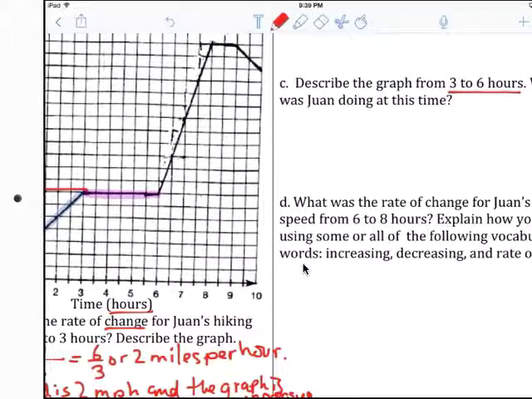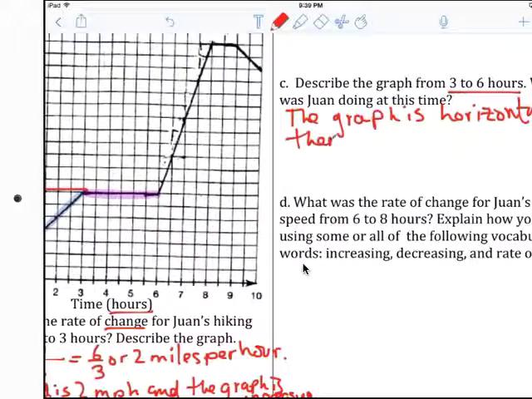Let's describe the graph. The graph is horizontal. Therefore, the rate of change is 0.